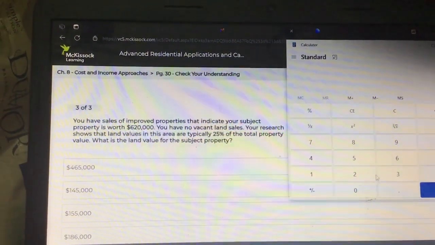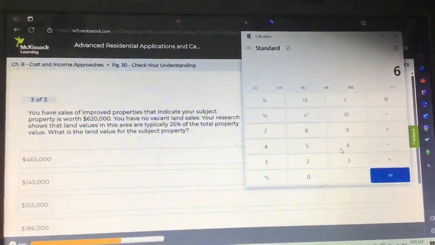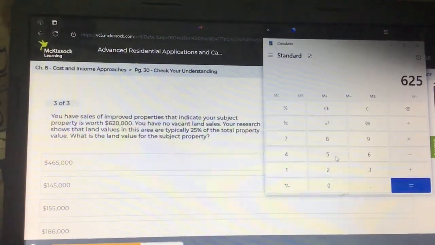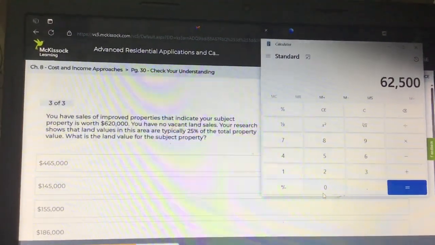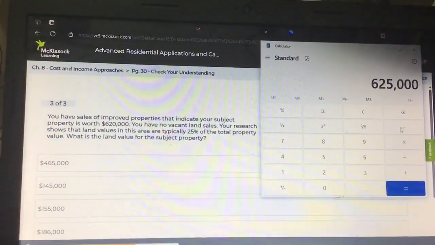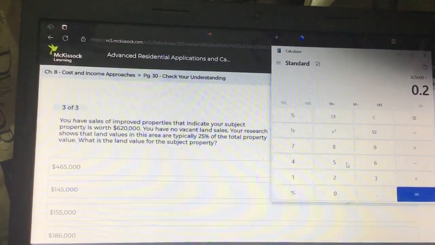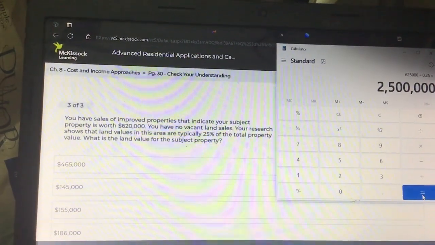And let's try it this way first, because it's always like a triangle when we're doing this. We've got two pieces of the triangle, and we're trying to figure out the third. 625 divided by 0.25 equals, nope, it's not that.